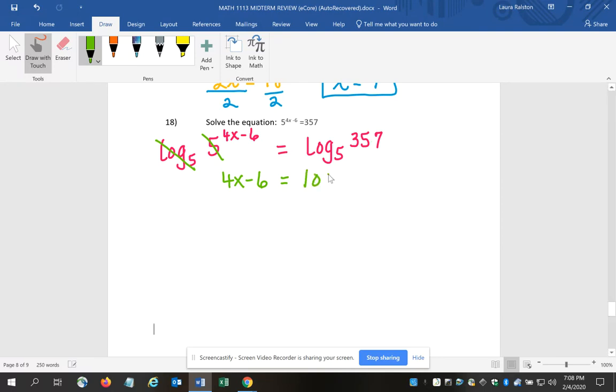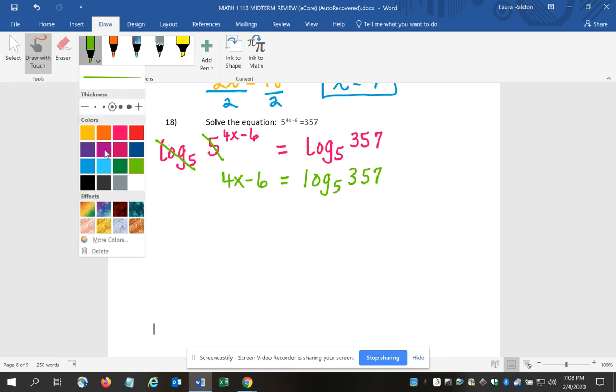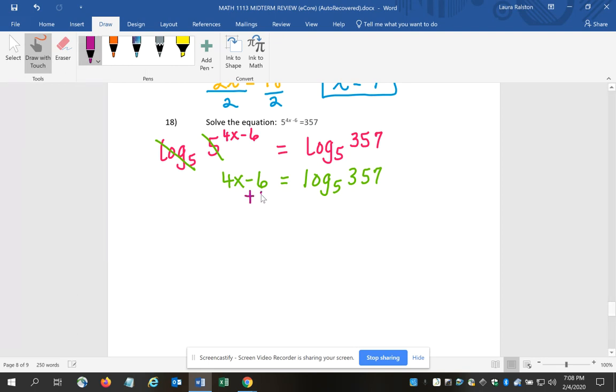So I'm just going to leave this for now as log base 5 of 357. We'll simplify that a little bit later into a decimal. Okay, so then I'm trying to solve for x. So I'm going to add 6 to either side.